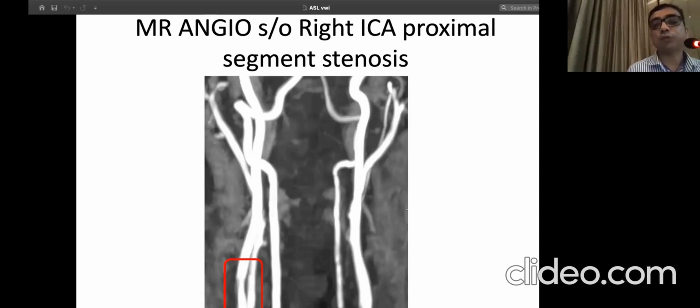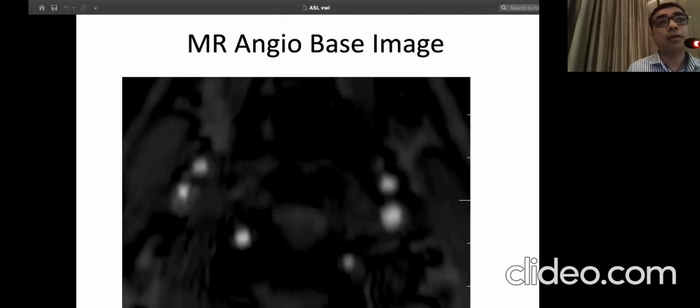The MR angio was done, but the base images were never evaluated; they just went ahead with the VRT, volume rendered images. Somebody did a Doppler and found the clot is not that insignificant. It was re-evaluated on the base images, and it was not as benign as it was seen.